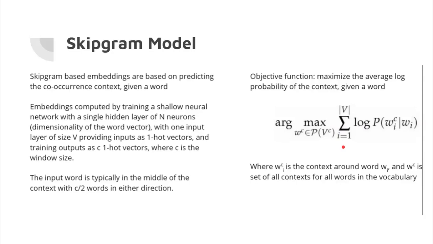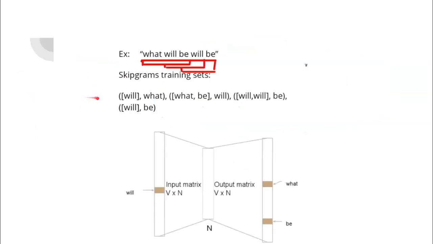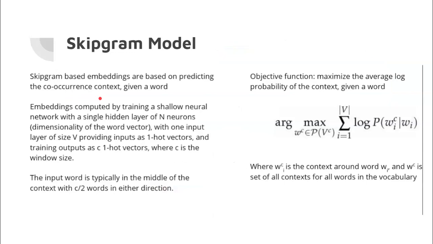As I mentioned, this is just a single sentence example. We will feed the neural network with many such examples where the word think can appear, so that our neural network would be able to predict the preceding or the following word where that particular word is present.